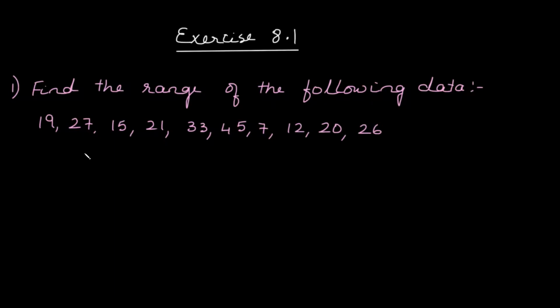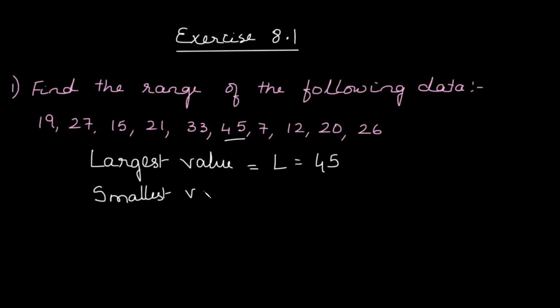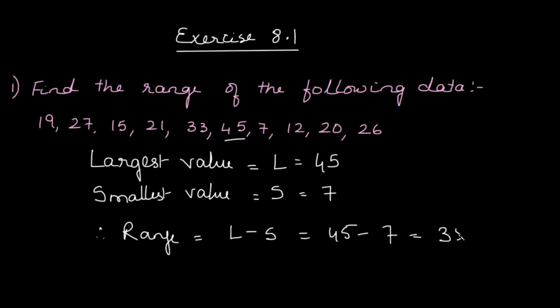So we just find the largest value, that is L. Largest value, that is L, from this data it is 45, and similarly you can see the smallest value, which is S, which is actually 7, and therefore the range comes out to be L minus S, which is simply 45 minus 7, which is 38.